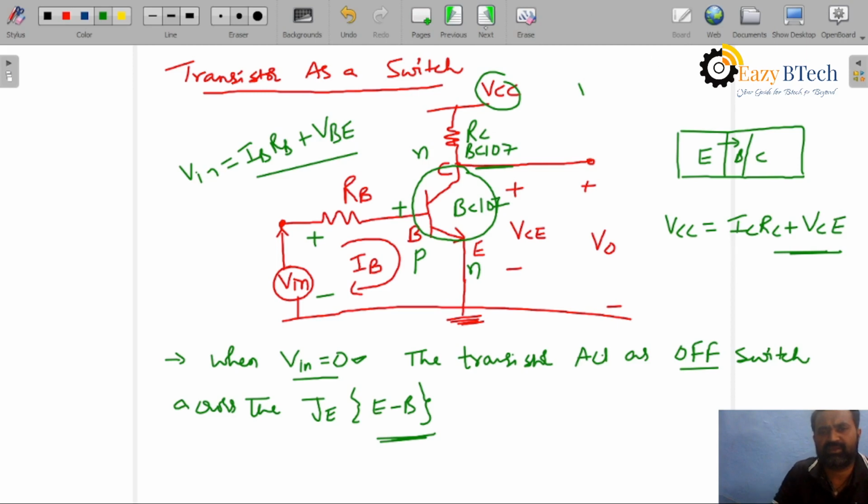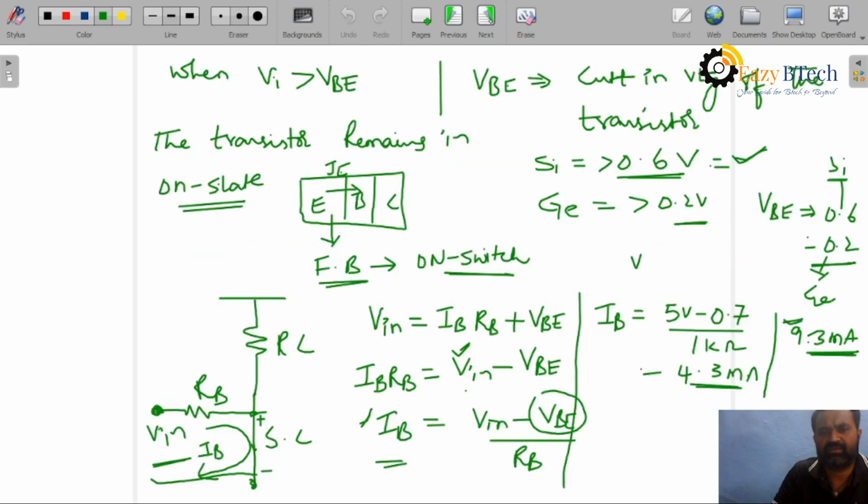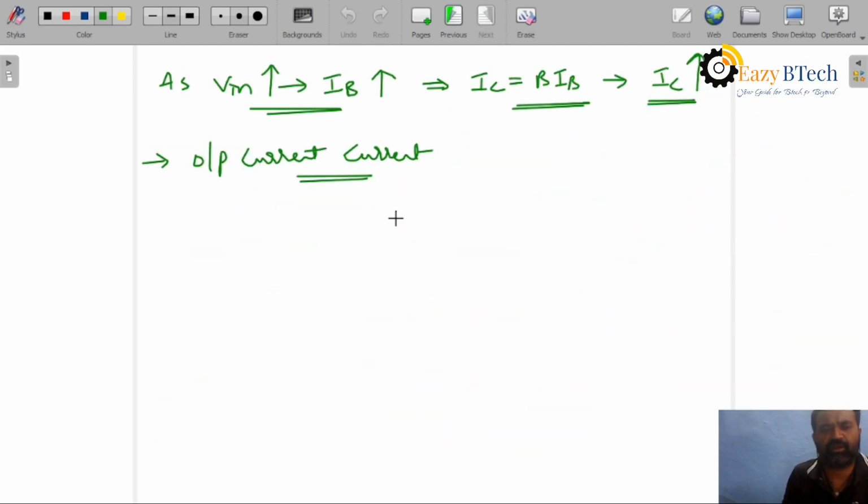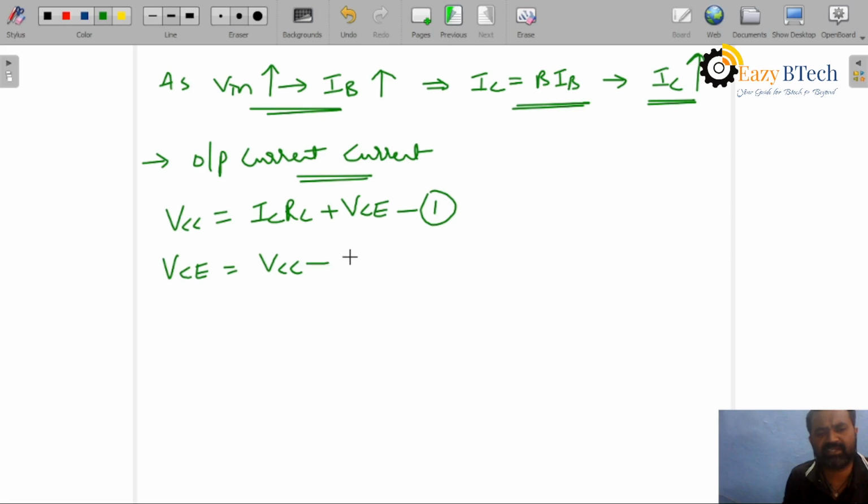Now the output current we can represent as VCC is equal to IC RC plus VCE. From this, the output voltage VCE is equal to VCC minus IC RC.